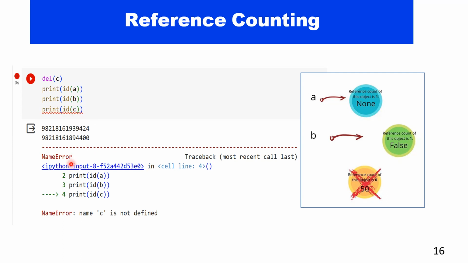It says that it is a NameError and name C is not defined because we have deleted the object C. That means C is no more pointing to this object.